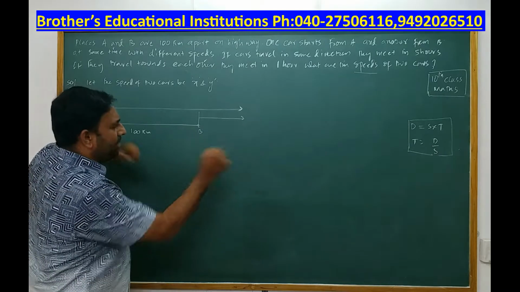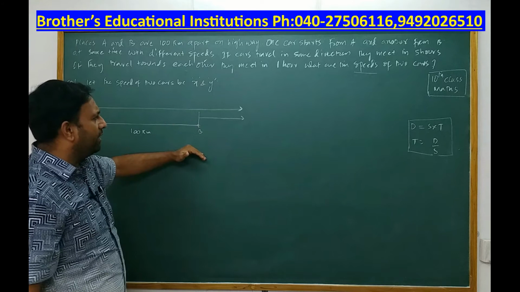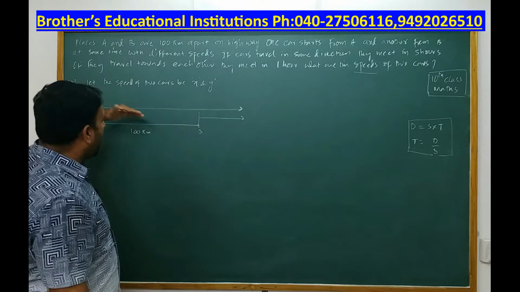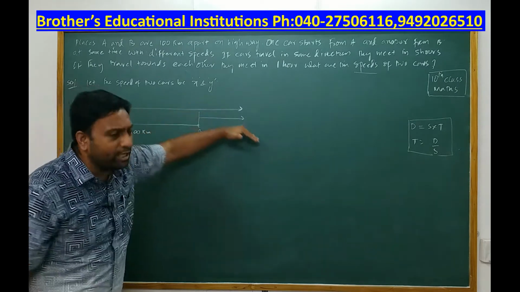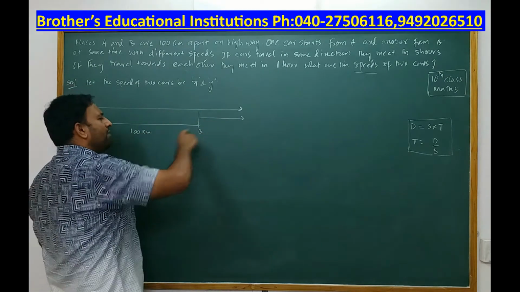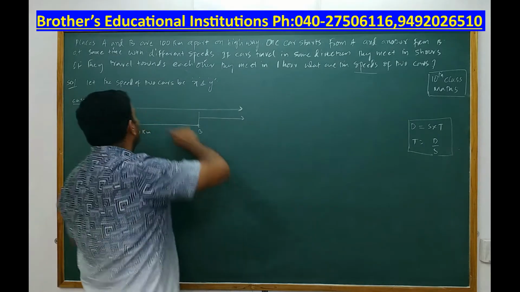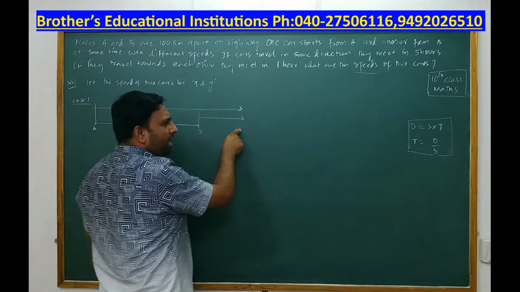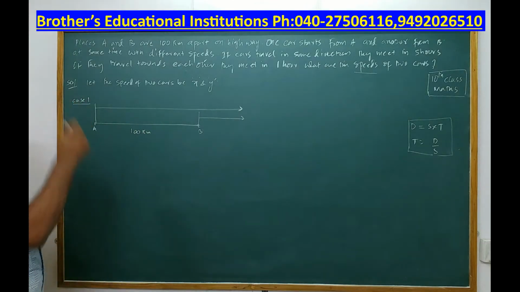If they travel in the same direction, with A towards B, car A must have a greater speed than that of B so that it can catch up with the car. If car B has more speed and car A has less speed and they travel in this direction, car A can never meet car B.